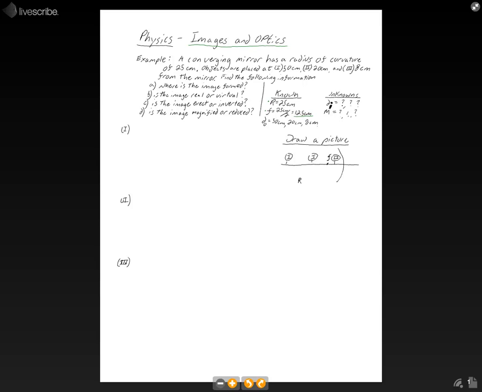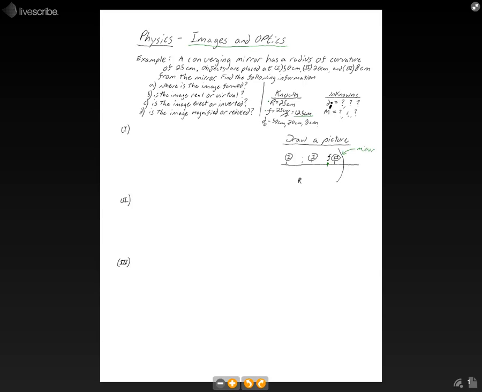So, as always with physics problems, the best way to start out is to draw yourself a picture. Over here we have the converging mirror, and then we have the focal point, F, and then we have the radius of curvature, which is more like a location than an actual point.